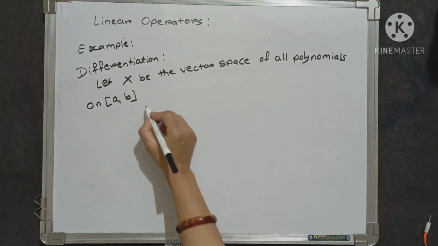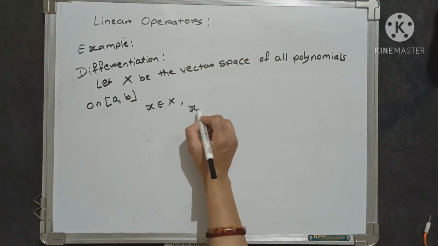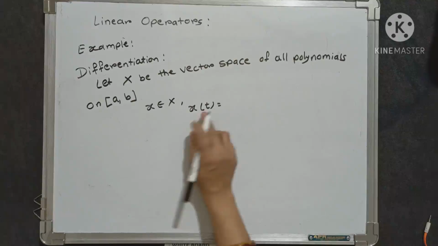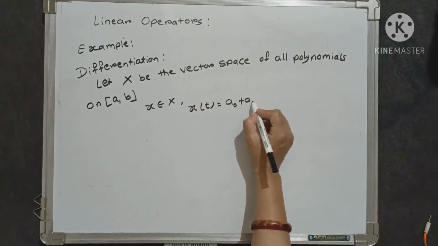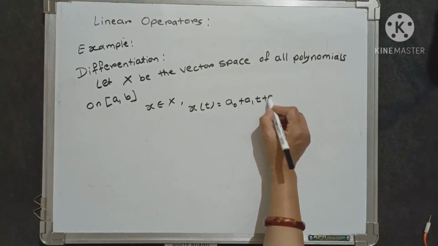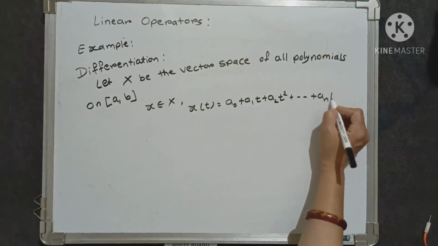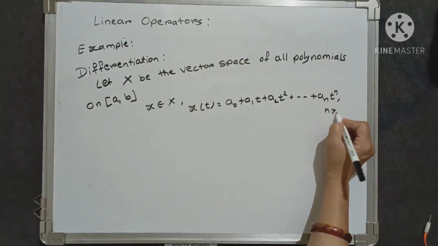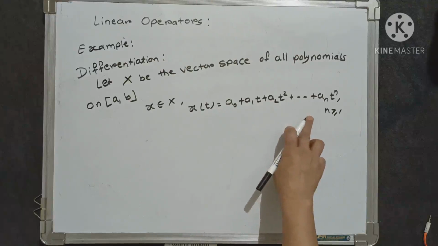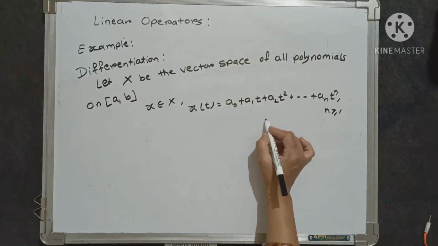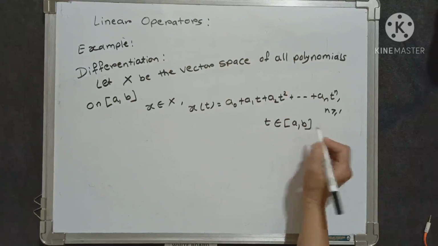Then for any x belongs to capital X, we get x of t, the polynomial which we write like this: a naught plus a1 t plus a2 t square up to so on plus an t to the power n, where n is greater than or equal to 1. Now x of t is a polynomial where t is an element of the closed interval a comma b.